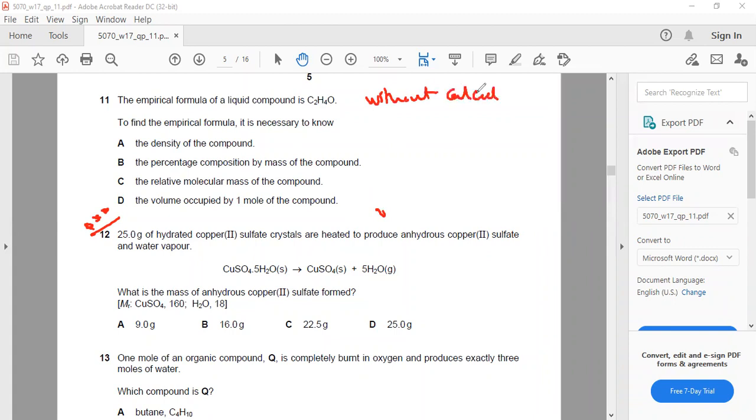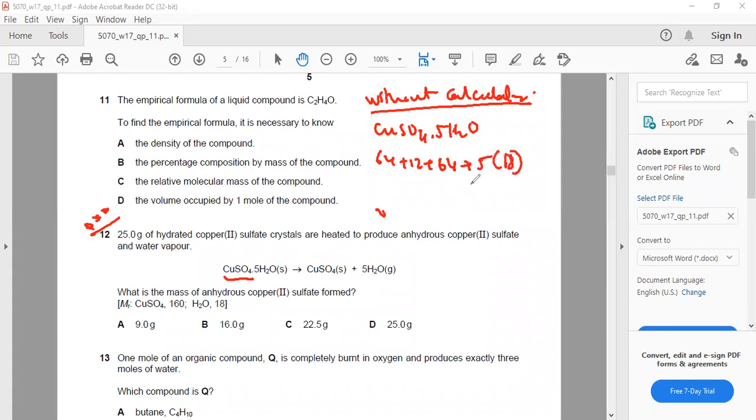If you see the formula mass of this copper sulfate, CuSO4.5H2O, full, copper is 64 plus 32 plus 64 plus 5 into 18. So the Mr in total is 250.